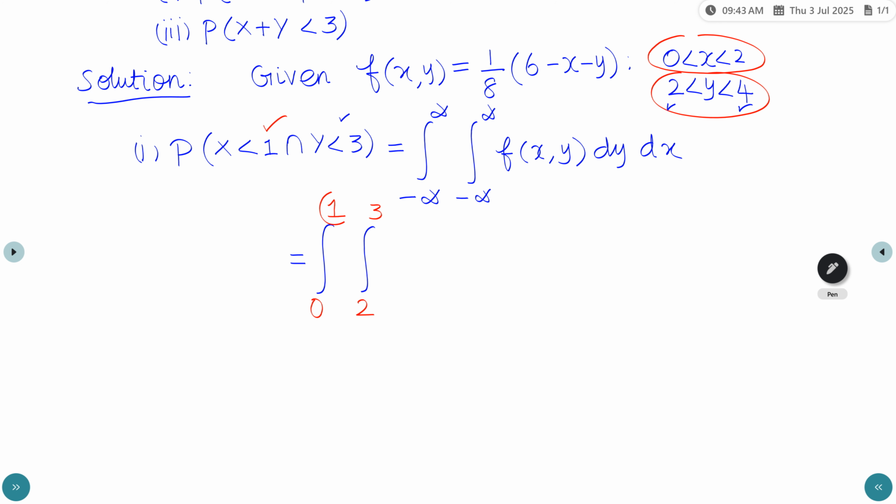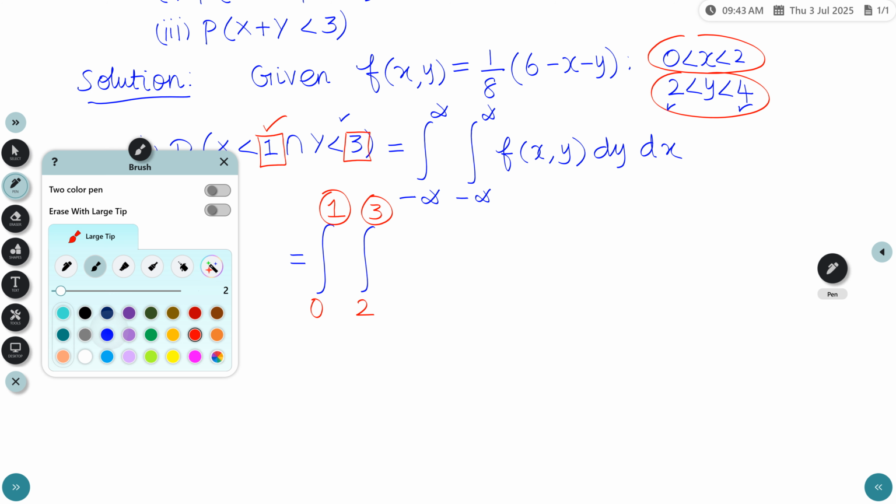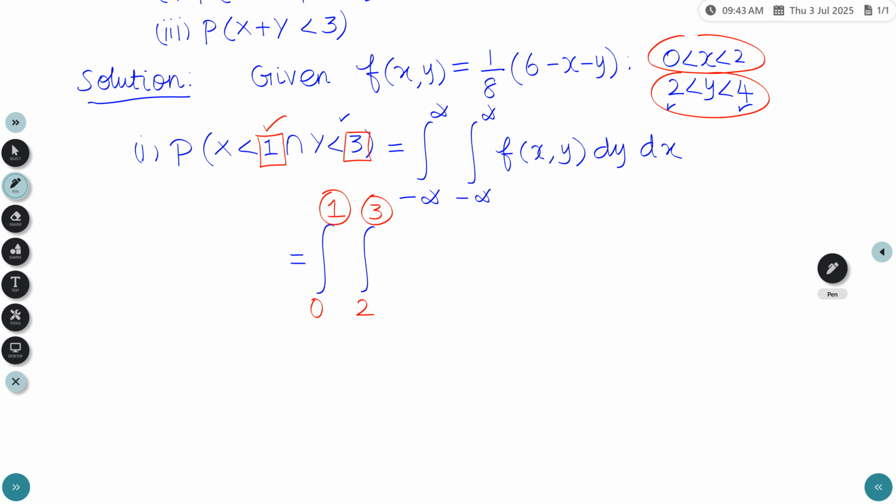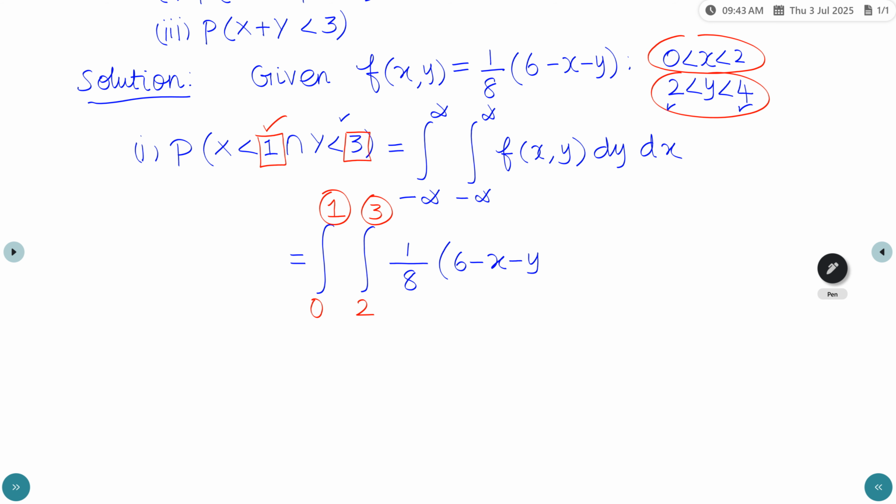See here 1 and 3, because in the problem we need x less than 1, y less than 3. Okay. Then f(x, y), the function given in the problem itself, 1/8 into (6 minus x minus y) dy dx.